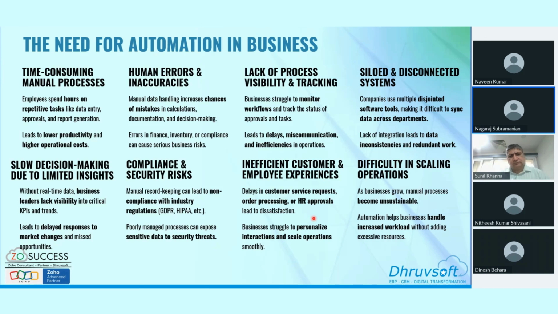And we have inefficient customer and employee experiences. Delays in customer service requests, order processing, payments, or customer approvals lead to dissatisfaction. The business struggles to personalize interactions and to scale operations smoothly.